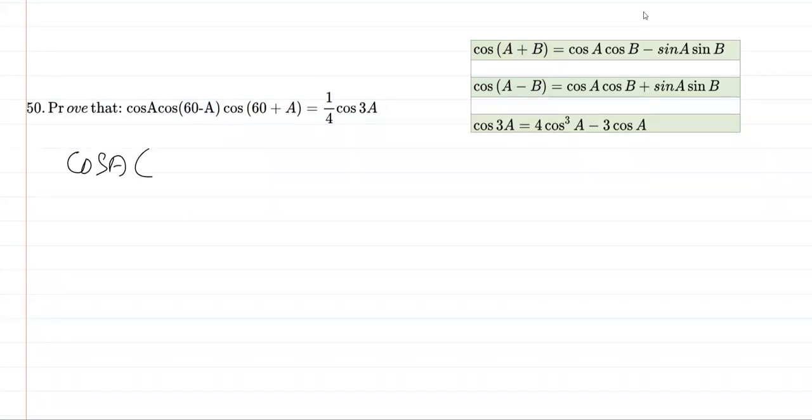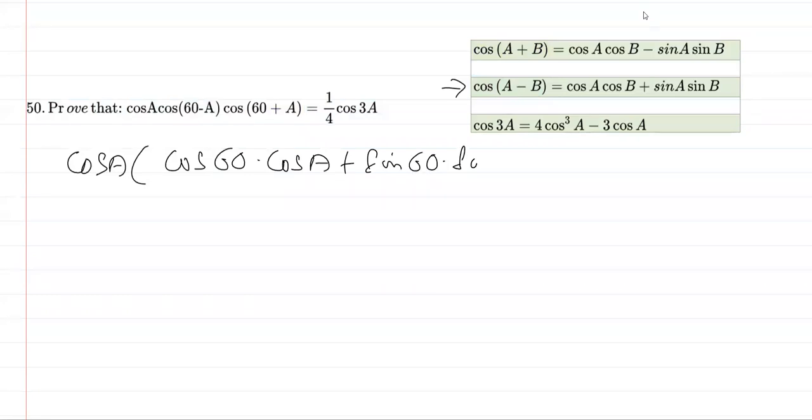I'm expanding cos(60 minus A), which is cos A cos B plus sin A sin B. Then applying this one over here, cos(A plus B) is cos A cos B minus sin A sin B. So everything is the same, there is a minus in between.